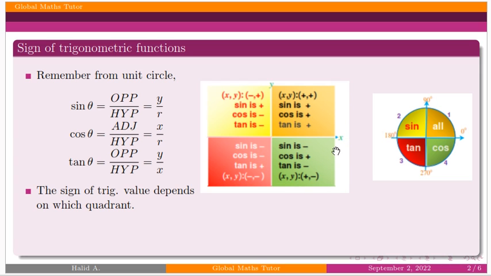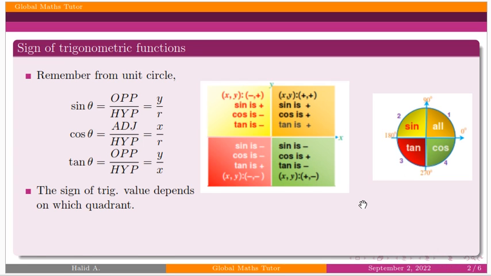To remember this in the easiest way, in quadrant 1 all are positive. In quadrant 2, sine is positive, cos and tan are negative. In quadrant 3 only tan is positive, and in quadrant 4 cos is positive.